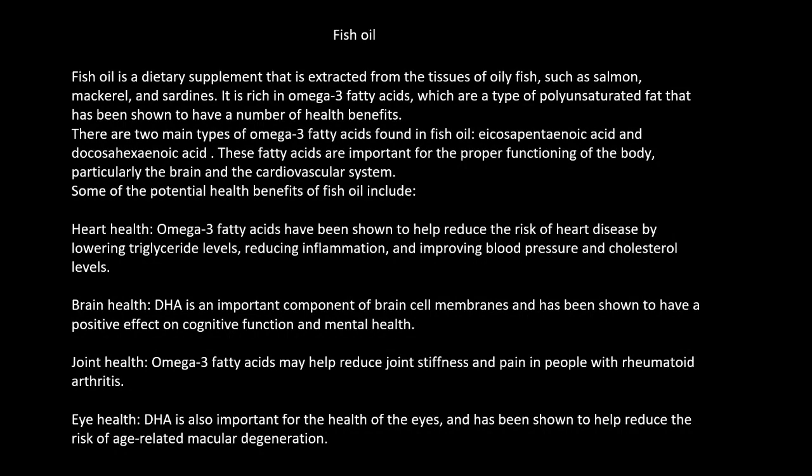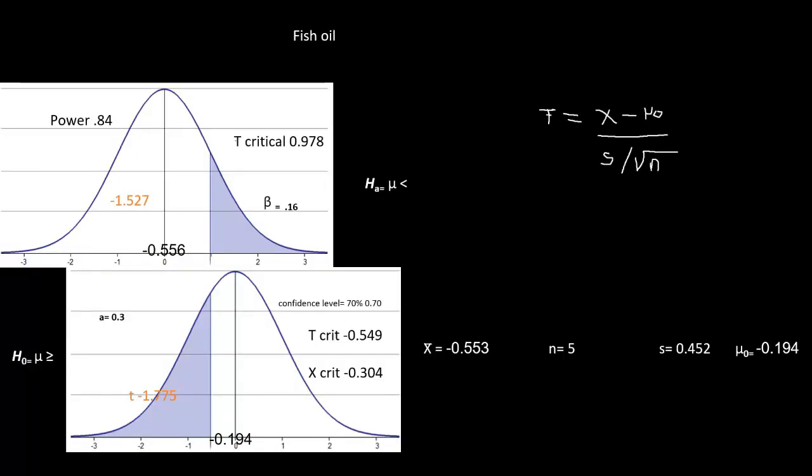Brain health: DHA is an important component of brain cell membranes, and has been shown to have a positive effect on cognitive function and mental health. Joint health: omega 3 fatty acids may help reduce joint stiffness and pain in people with rheumatoid arthritis. Eye health: DHA is also important for the health of the eyes and has been shown to help reduce risk of age-related macular degeneration.